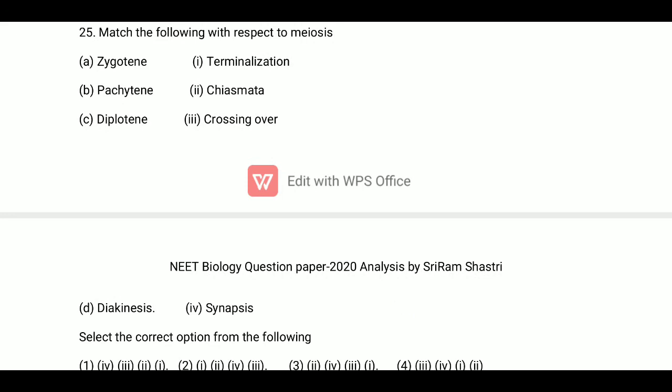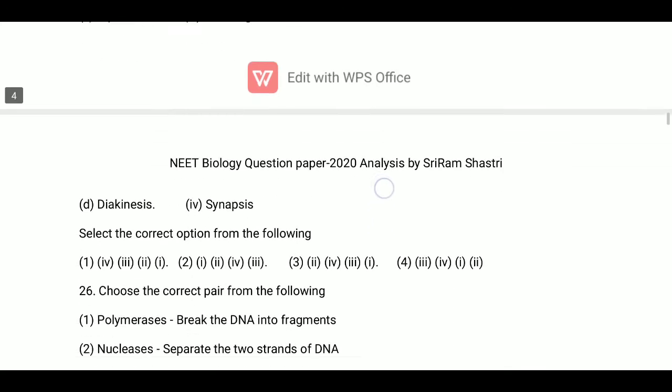Pachytene is the stage where crossing over takes place. Diplotene is the stage where chiasmata formation takes place, and diakinesis is terminalization of the crossing over process. So the right answer is first option.